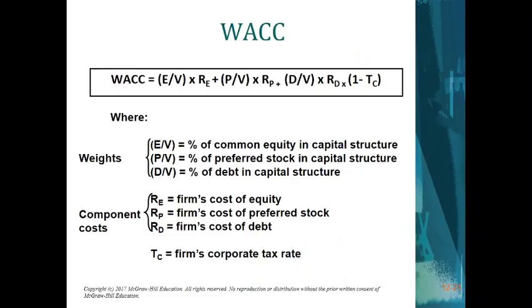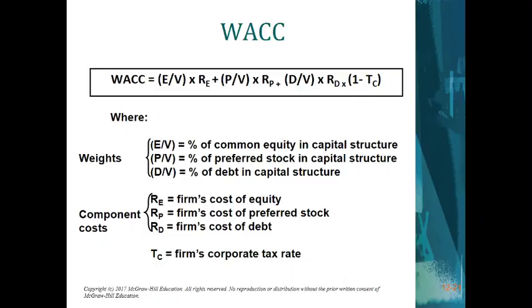So that gets you your percentages, or your weights, if you will. And also, if there's preferred stock, you have to do that for it as well. You multiply the weight of equity times the firm's cost of equity to come up with your weighted average cost of equity.